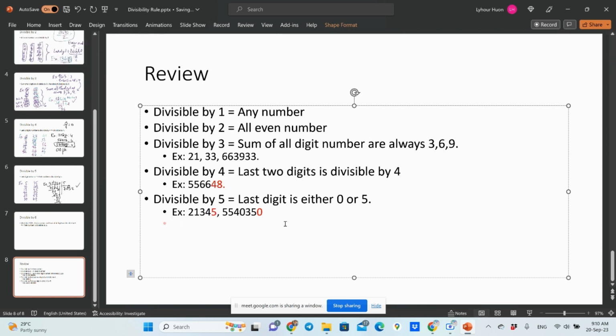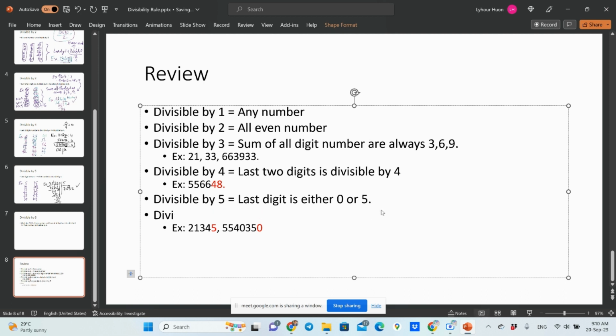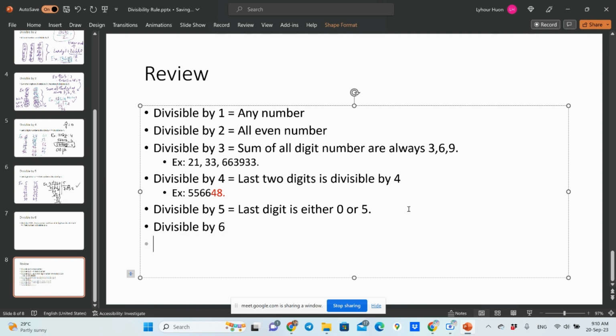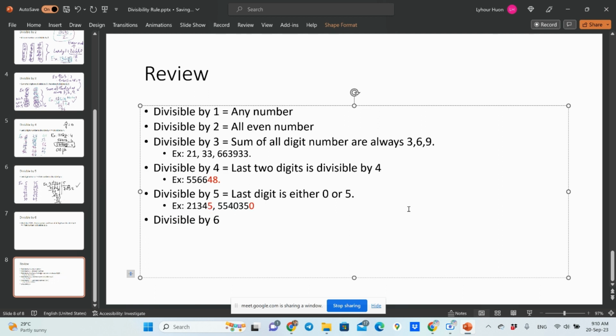Okay. Next one that we have studied, divisible by 6. How do we notice the number is divisible by 6? It's a compound number, so it means it's even and divisible by 3. 6 is equal to 2 times 3, a compound of 2 and 3.